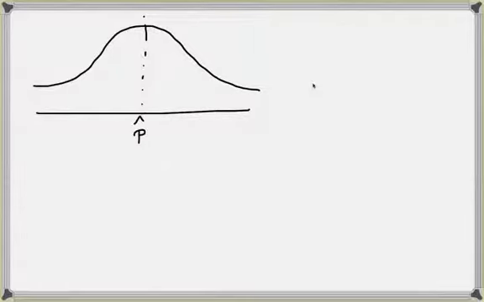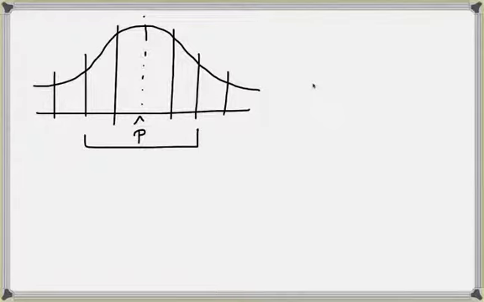P hat. There we go. And then we are going to move 1, 2, 3 standard deviations either way. And just from previous lessons, we should know what percent of our sample is contained between each of these standard deviations. And if we move 2 standard deviations to each side, that's going to be 95%.